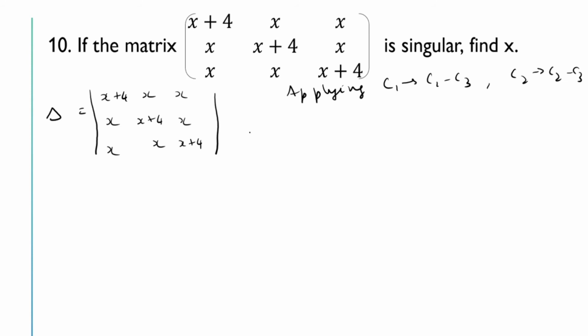In that case, we get delta equal to: x plus 4 minus x will be 4, here 0 and here minus 4. Then x minus x 0, x plus 4 minus x 4 and here minus 4. So here x, x, x plus 4.